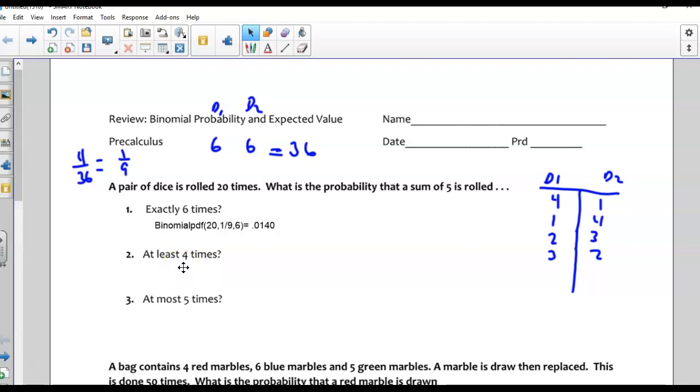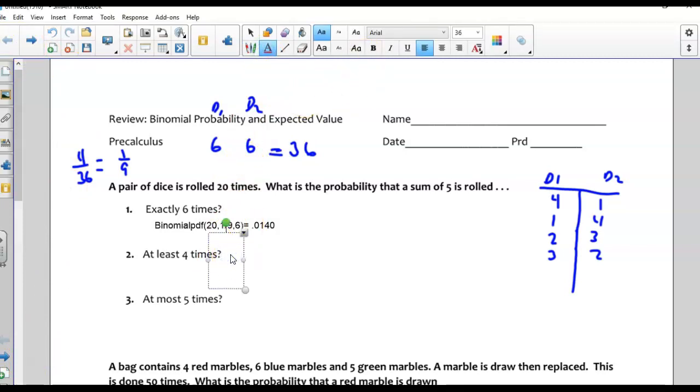When we think about this one, when it's at least, remember, we're always going to subtract from 1. Matter of fact, let's type this in. Whenever I see the keyword at least, what I like to do is 1 minus binomial CDF.